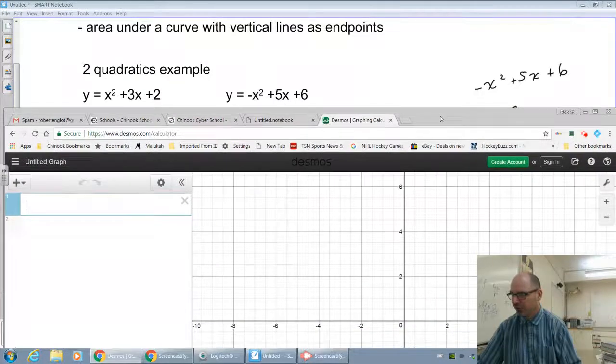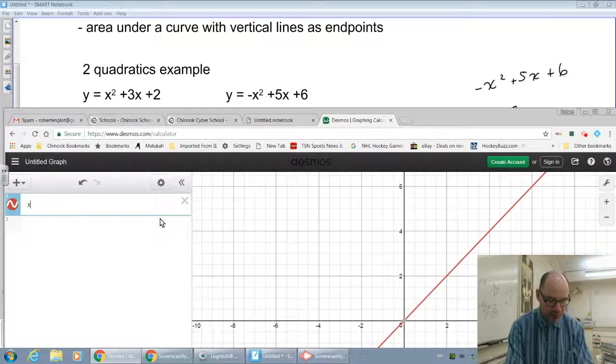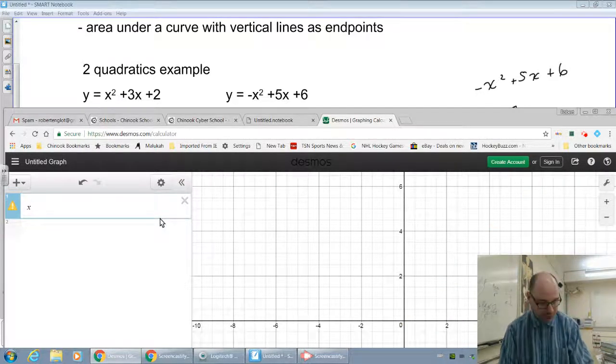So our two equations are x squared, so x, shift the little hat symbol above the 6 on the keyboard, 2, plus 3x.